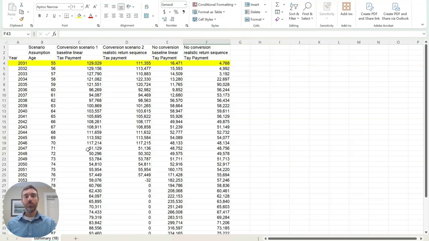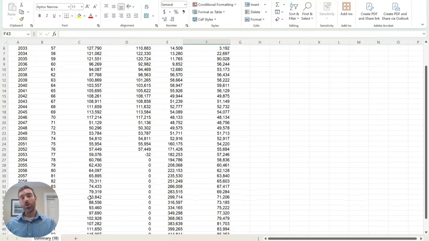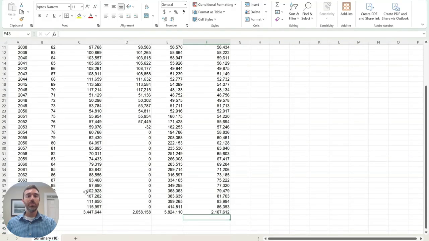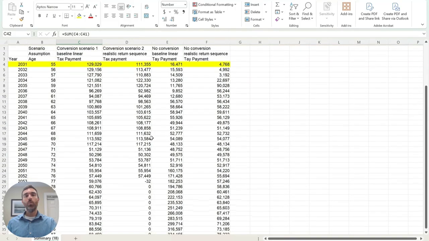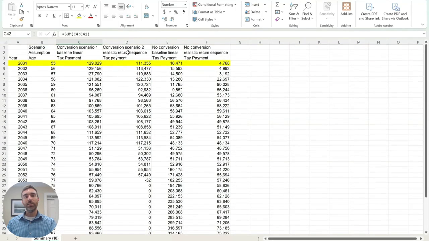When we get to 70, then we continue to have taxes because there was strong growth happening in the background, so we weren't able to get rid of all of that pre-tax money. So therefore, your taxes are going to start over at 71 and then just build back up. They're not near what they could have been, but they're still high. So the total tax in that case would be $3,447,000.